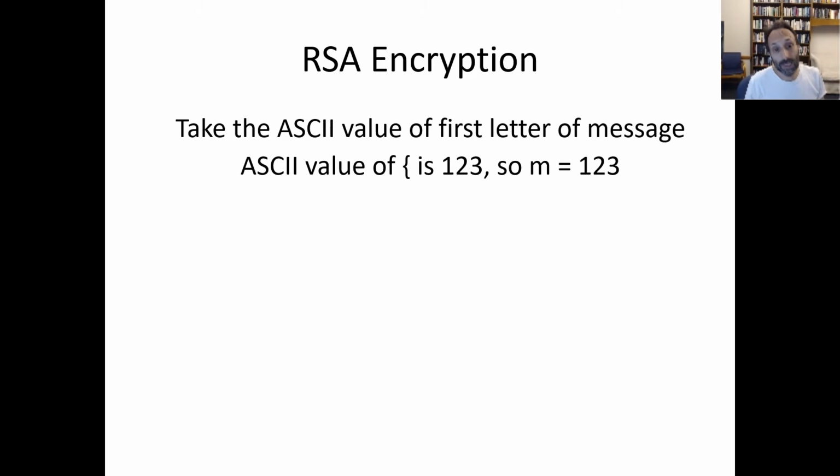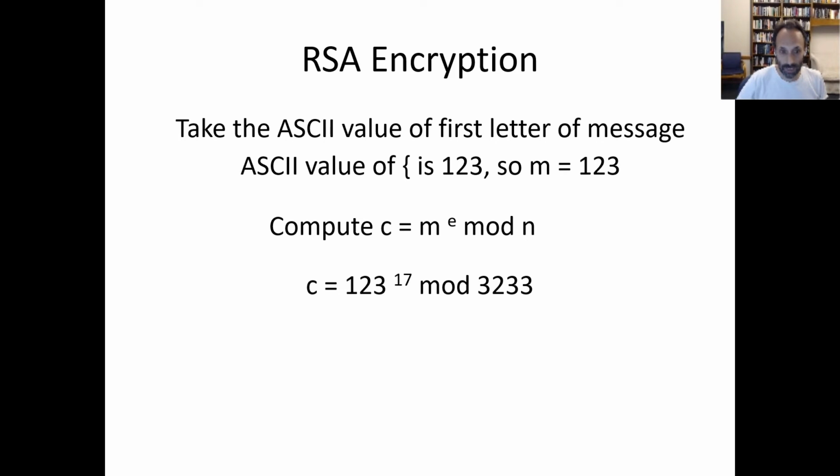So if I want to send the curly bracket as my message, first I'm going to convert it to a number, the ASCII value, which is 123. And so I'm going to encrypt the number 123. How do I do it? Well, C, which is the ciphertext, the encrypted message, is M to the E divided by N. What is that?